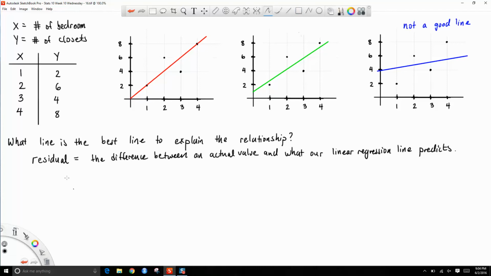The symbol for residual here is going to be e, kind of like an error, something that's left over, and it's the difference between the actual value of y and our predicted value of y. A residual is what's left over after taking into account the prediction line.